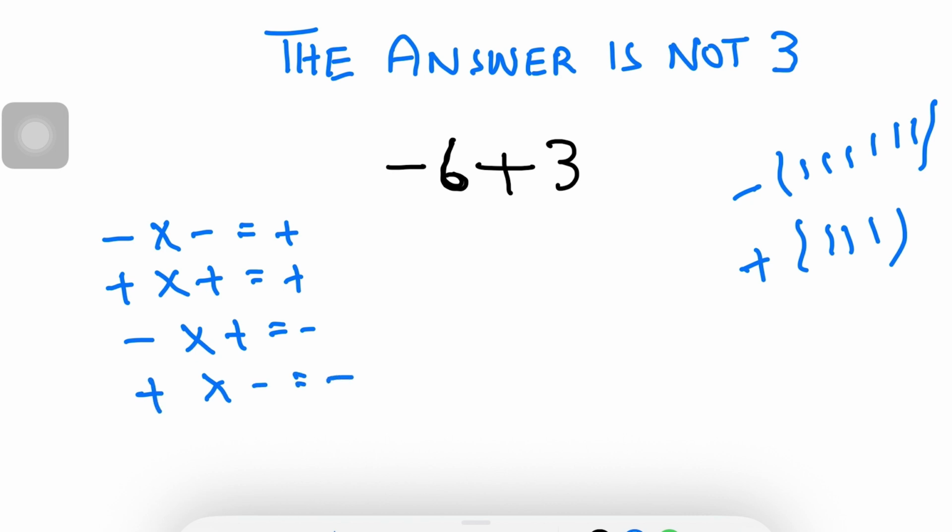So here minus into plus means minus. We solve through subtraction, and which number do we write here, positive 3 or negative 3? The bigger number is in minus, so we write here minus 3 as the final answer of this question.